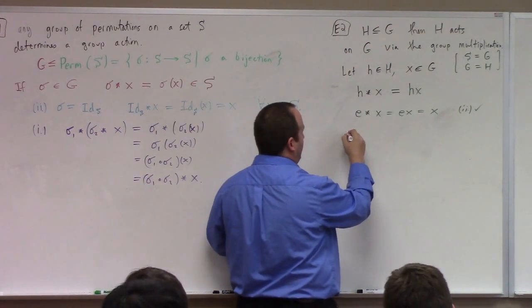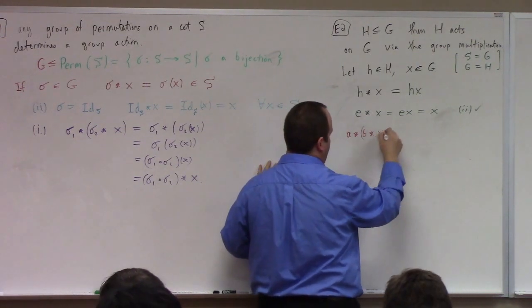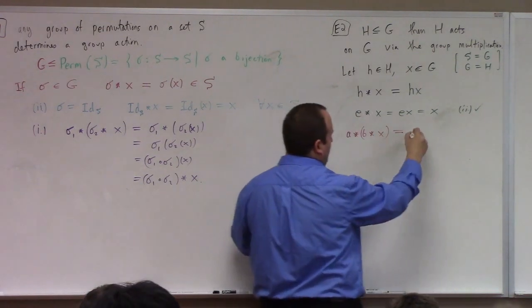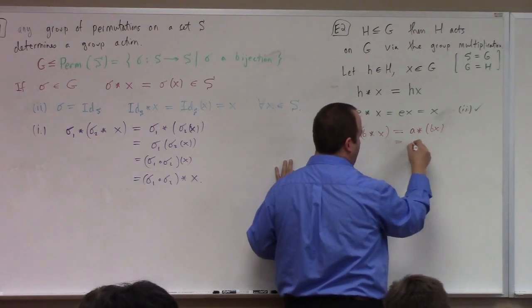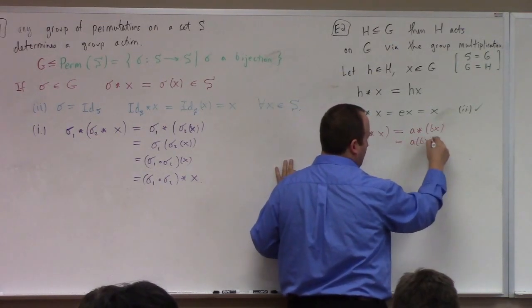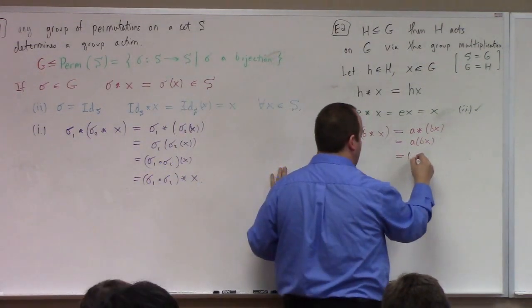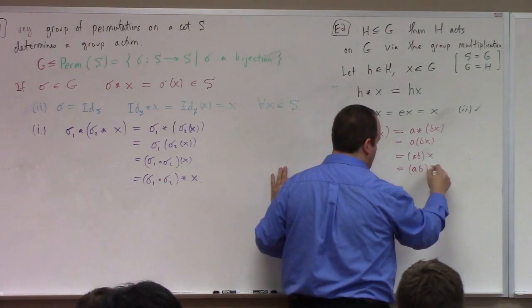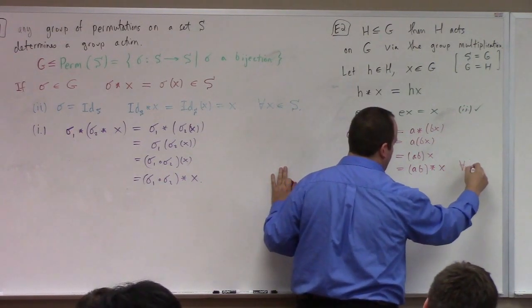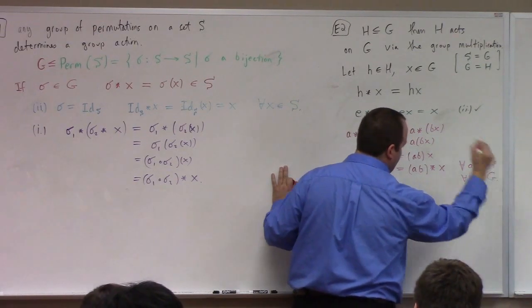Let's see here. So on the other hand, if we look at a star b star x, right, parentheses, what is this? This is a star bx, which is, by the way, a times bx. But by associativity of the group multiplication, that's equal to ab times x, which, by the way, is ab star x, right? For all a, b in H, and for all x in the group.